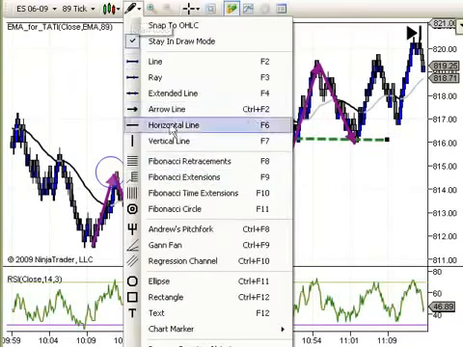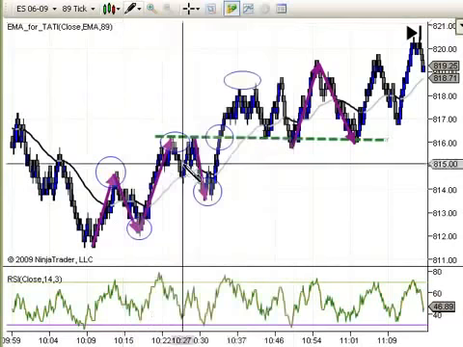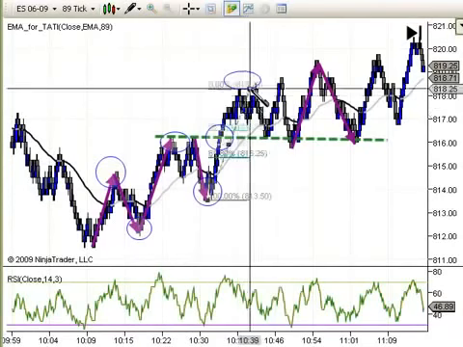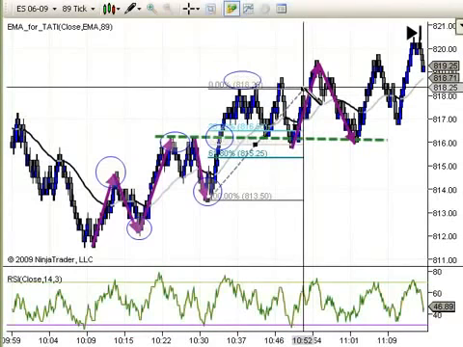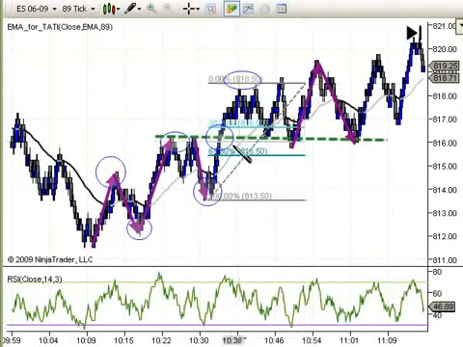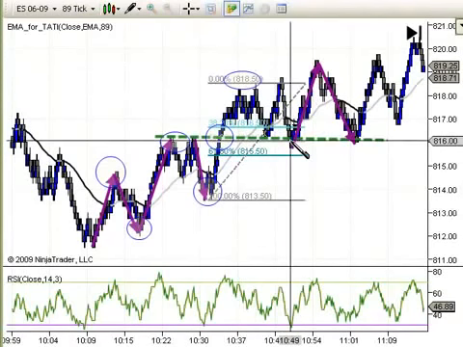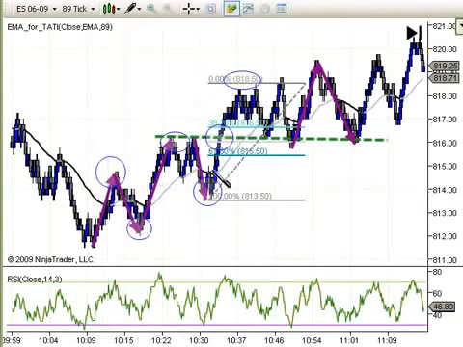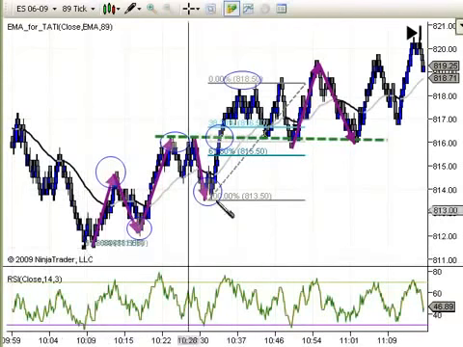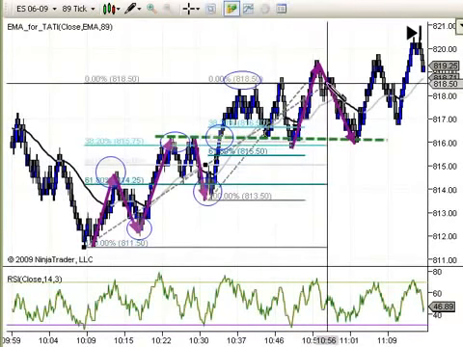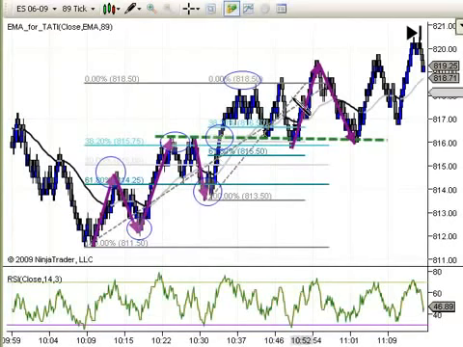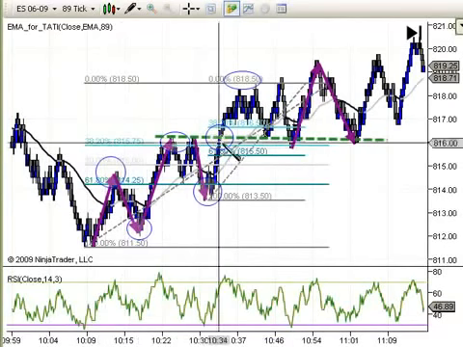So now if you are using fibs and using confluence, here we have a leg up. The 50% lines up with that. We also have 1, 2, 3 legs up if we draw the fibs on that entire move for the morning. We see confluence now.